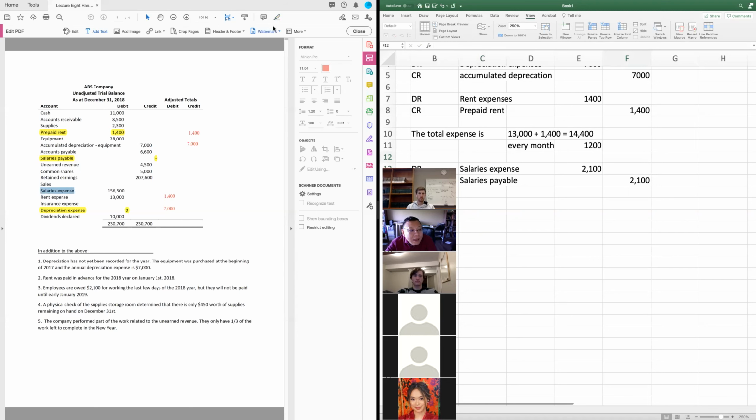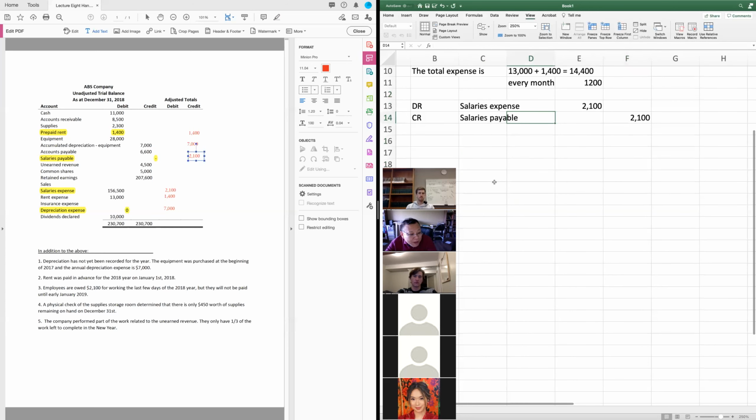Okay. So I am going to transfer this journal entry here. So salary expenses increased by 2,100, and salary payable credit 2,100. Okay, that's my third entry.